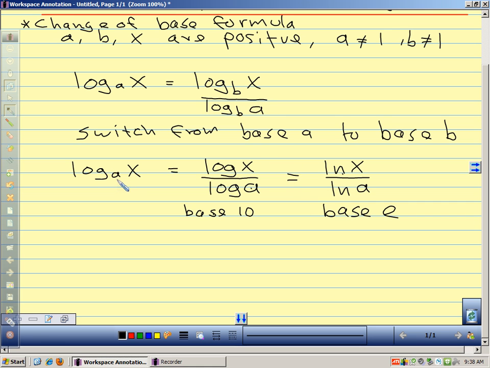So we're switching from base A to base 10, to base e, or to base B. And if I wanted to switch to base B, I can put this down here also. This is the same as the log base B of x over the log base B of A.